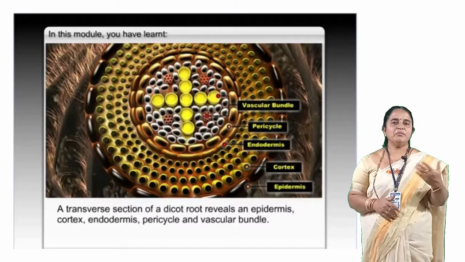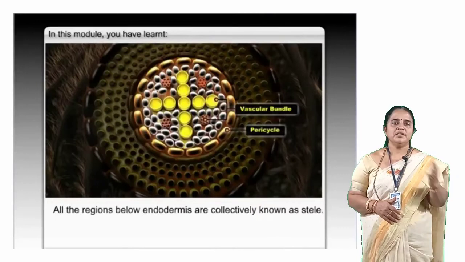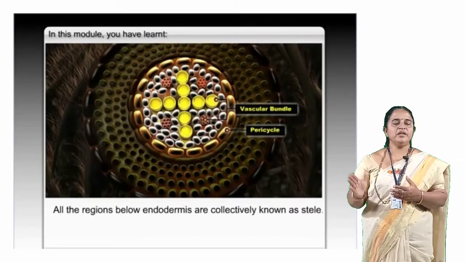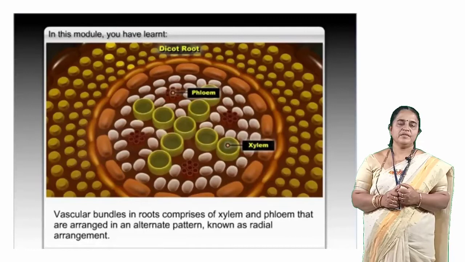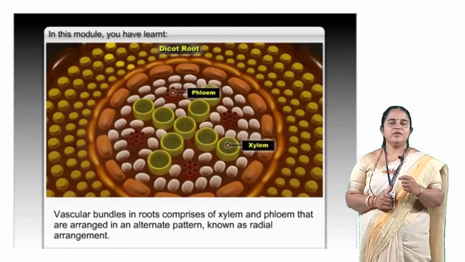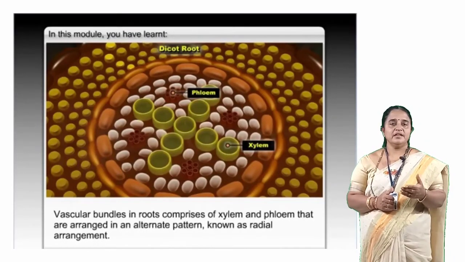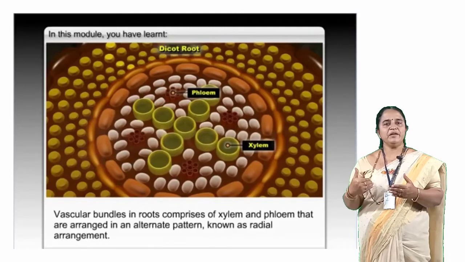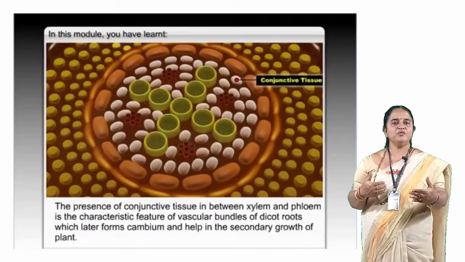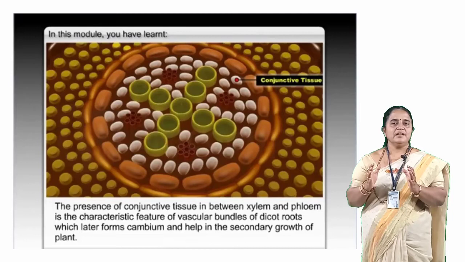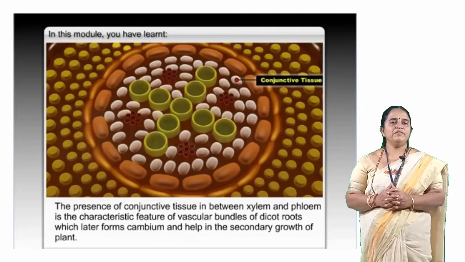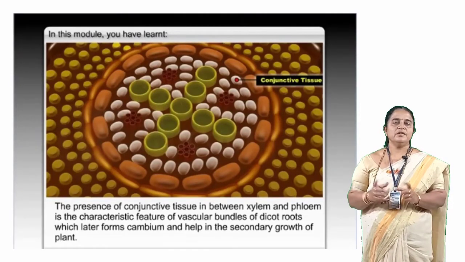All these layers are made up of parenchymatous tissue. It is adapted according to the arrangement within the root. Xylem is always exarch, as protoxylem is towards pericycle and metaxylem is towards pith. This is about the anatomy of dicot and monocot root.